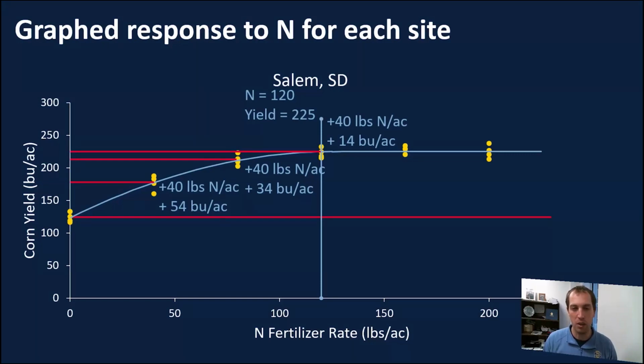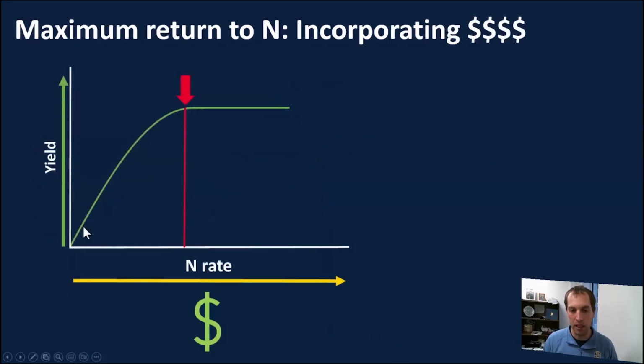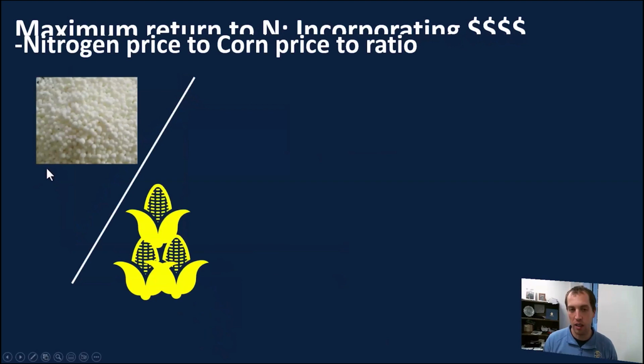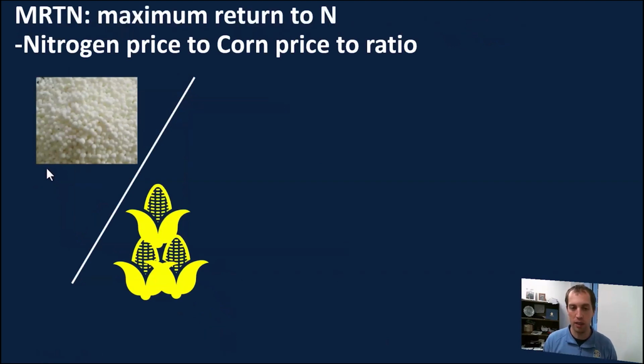So what maximum return to nitrogen does, we're looking at yield over here, but we're also looking at nitrogen rate and nitrogen cost, as well as costs of our yield. So we've looked at multipliers before, looking at that coefficient or multiplier of 1.0 pounds of nitrogen per bushel of corn. Instead of looking at amount of urea or nitrogen fertilizer to corn bushel yield, now we're looking at price.